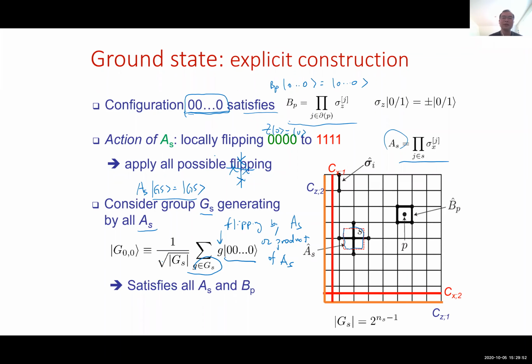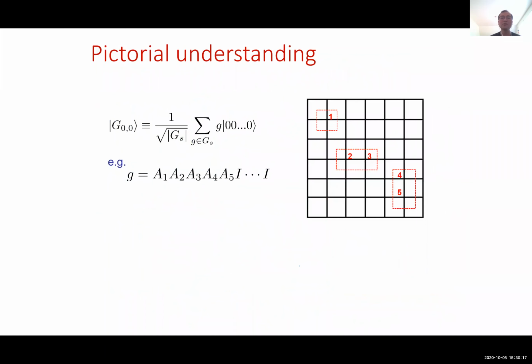So that would satisfy the A_s, because one A_s acting on this can be absorbed. So for example, A_s and G is another G prime. So that means this is stabilized by the A_s operator, okay?